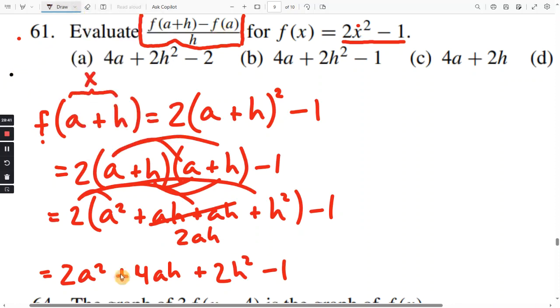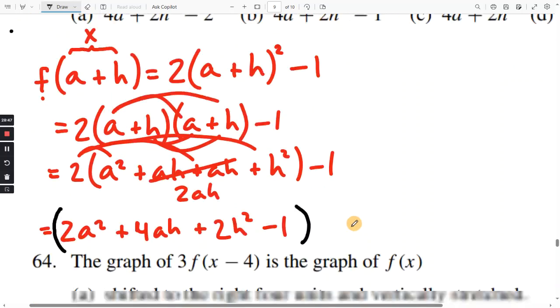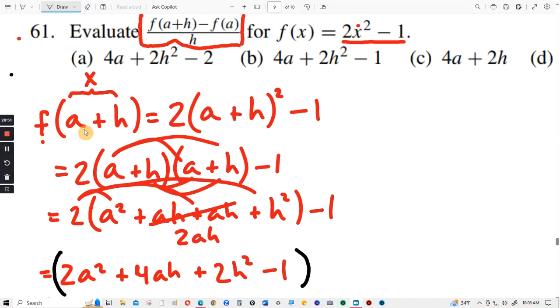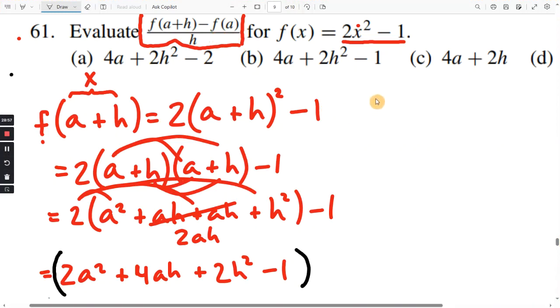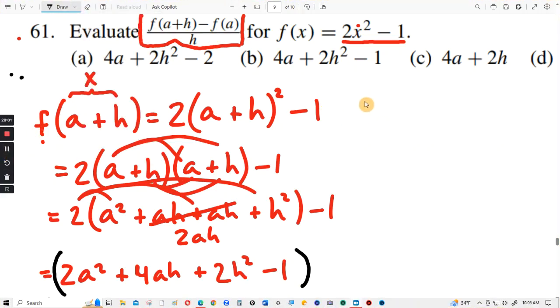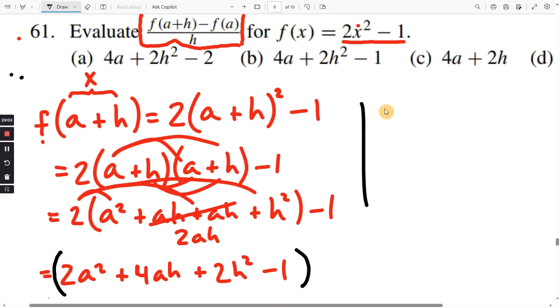So I'm just going to leave this here. We have this right here, and we also need f of a. So I'll do that separately. f of a just means we're plugging in a in place of x. So f of a is going to be 2a squared minus 1.